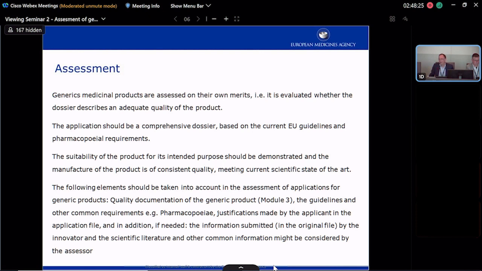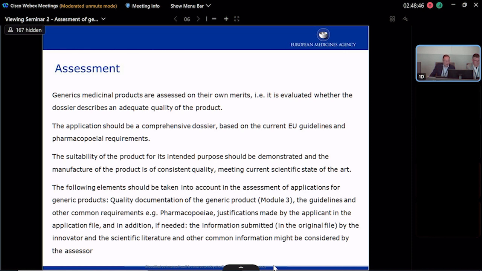Therefore, the requirements for generics sometimes can be different than for the reference medicinal product at the time that it was assessed. The following elements should be taken into account in the assessment of an application for a generic product.